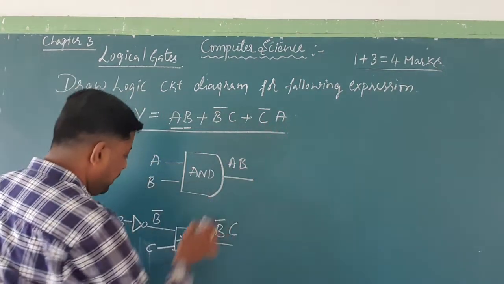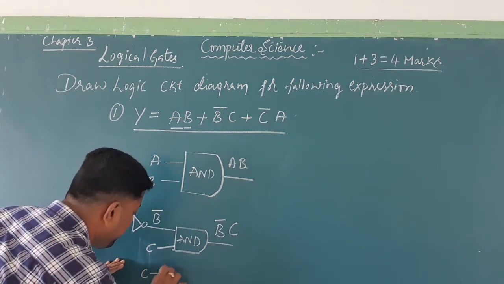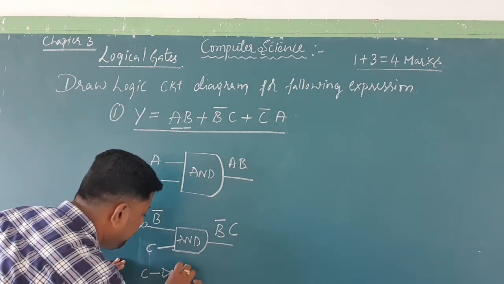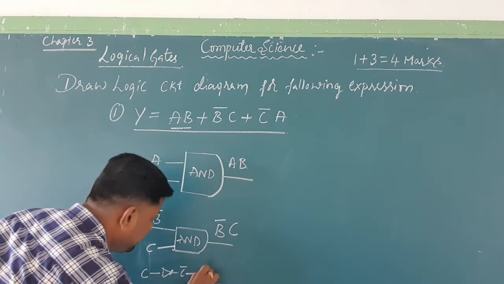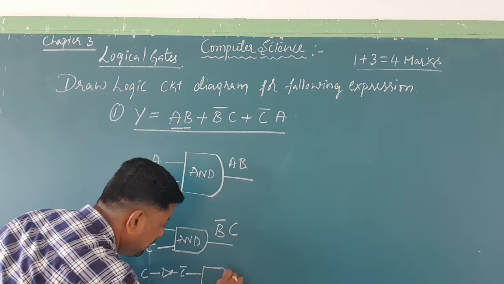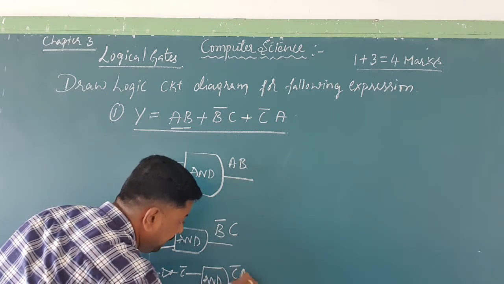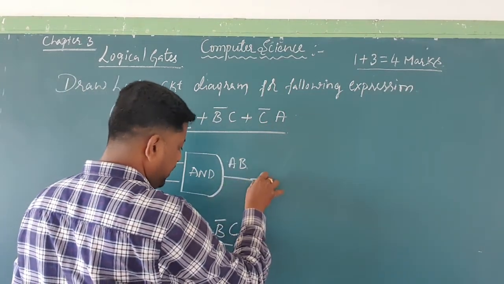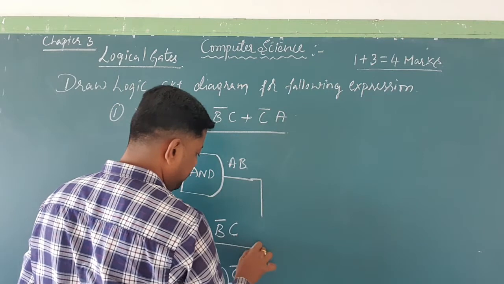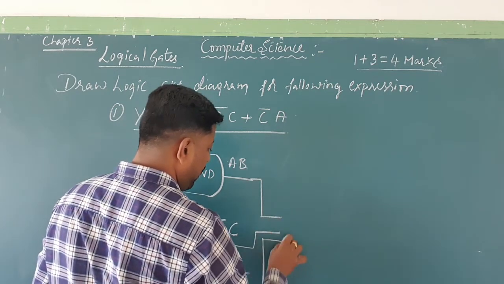And the third one is the same, c bar a. First c is converted into c bar, and a, the same, and the result is c bar a. Now I will combine these 3 outputs into one.